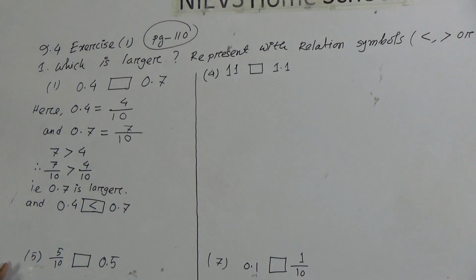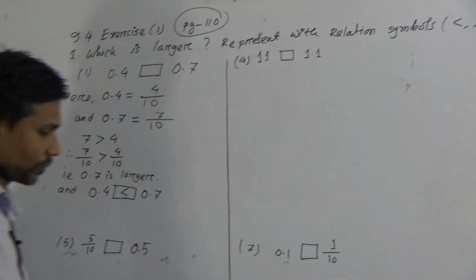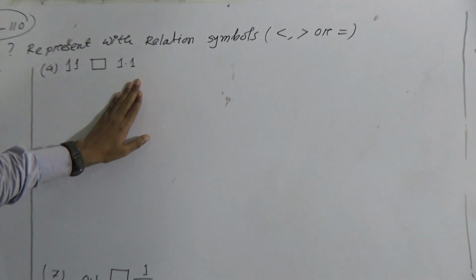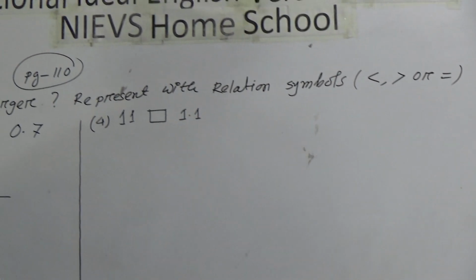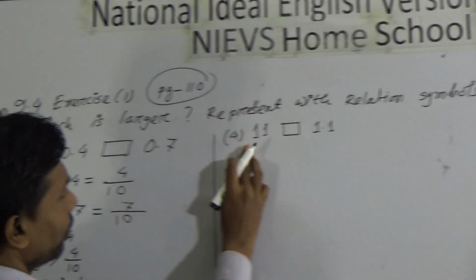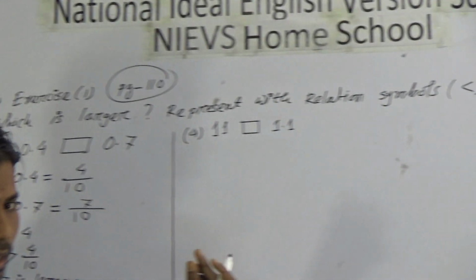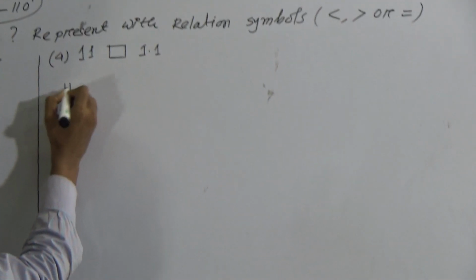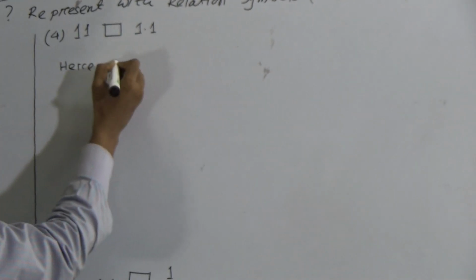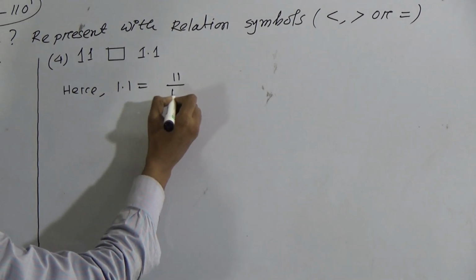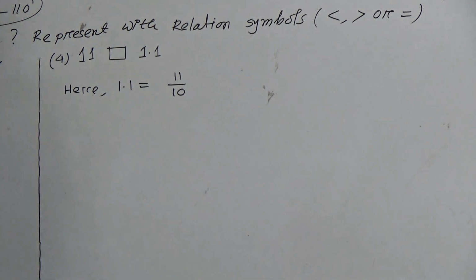Now I will solve question number 4. You see 11 blank 1.1. The same thing. 11 is an integer number. Now 1.1 is equal to what? 11/10.